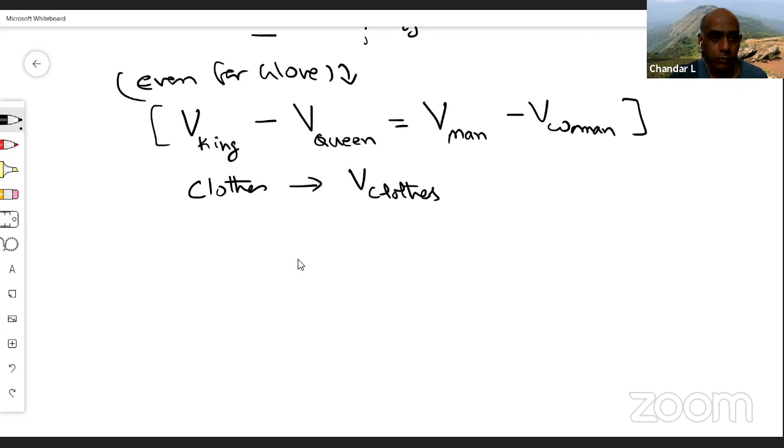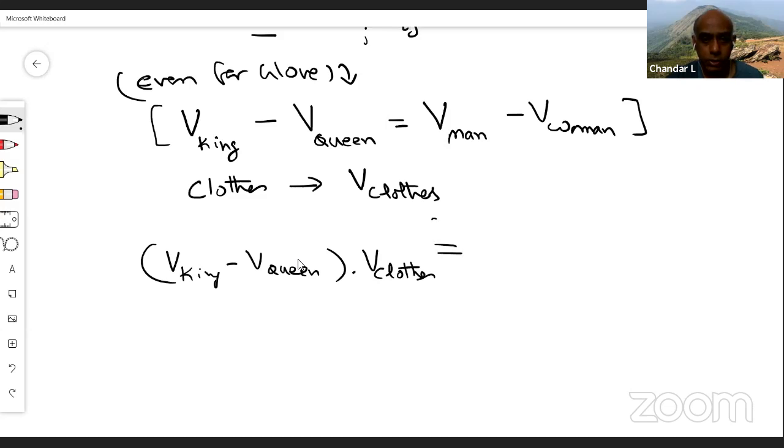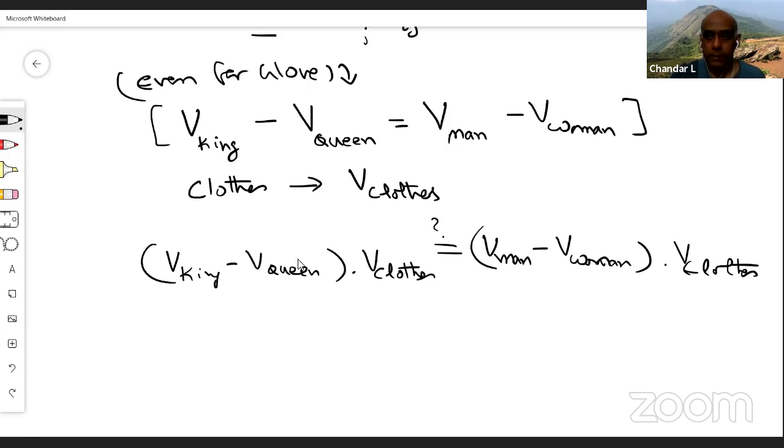So once you have vectors, you can actually do what is known as an inner product. So v king minus v queen, let us say I do a dot product with v clothes on both sides. Because v king minus v queen is supposedly equal to v man minus v woman, which I don't know yet, but I want it to happen, I can take the dot product, the inner product of these vectors with this v clothes.